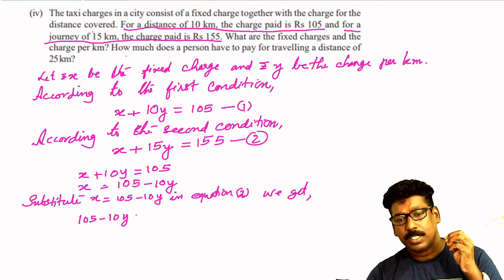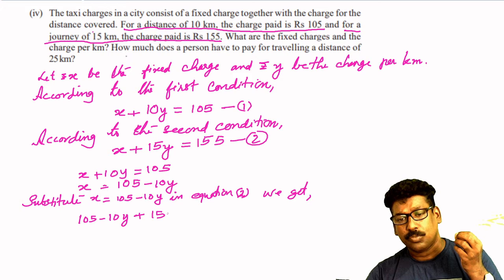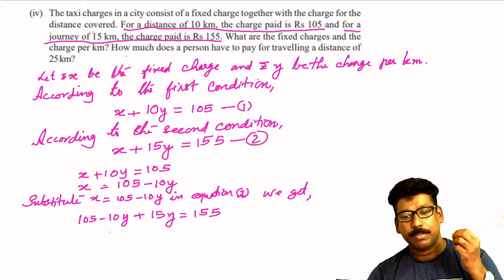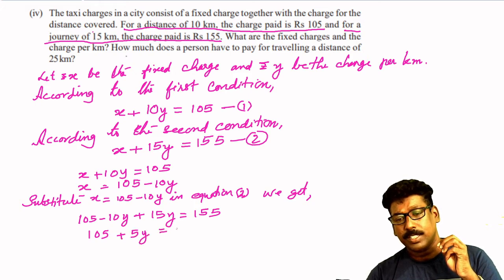Now substitute this value of x in equation 2, we get x plus 15y means 105 minus 10y plus 15y is equal to 155. That is 105 minus 10y plus 15y, which is equal to plus 5y is equal to 155.